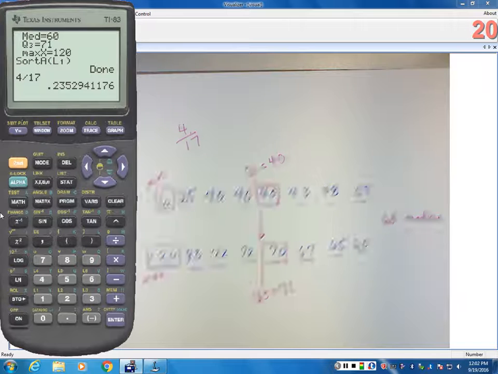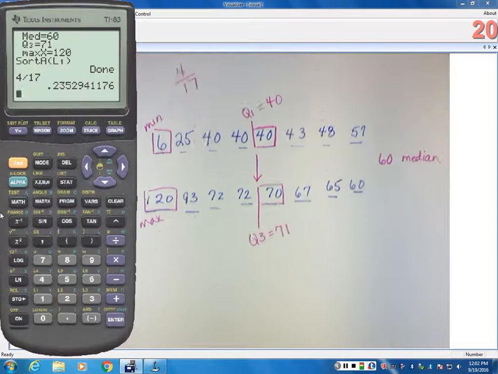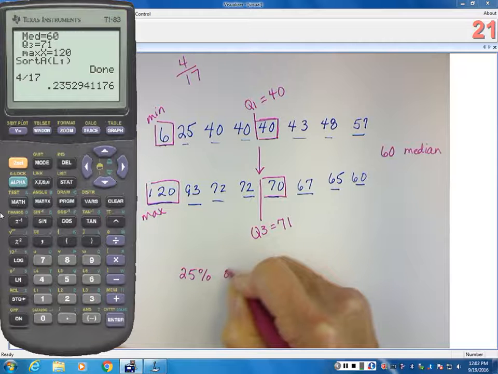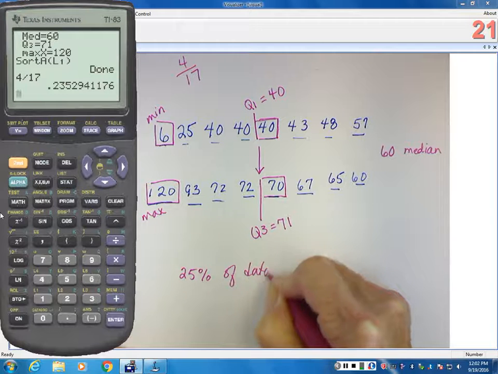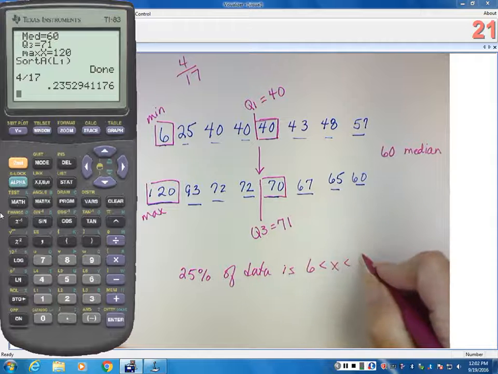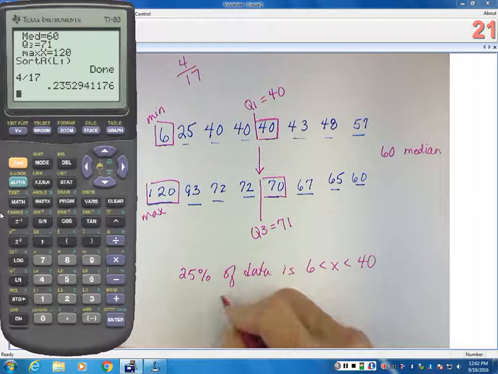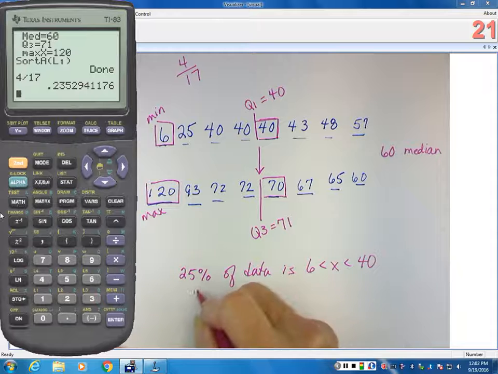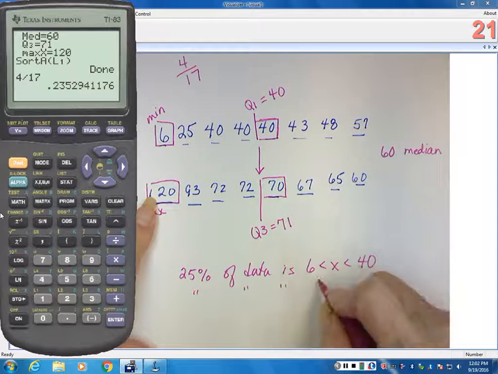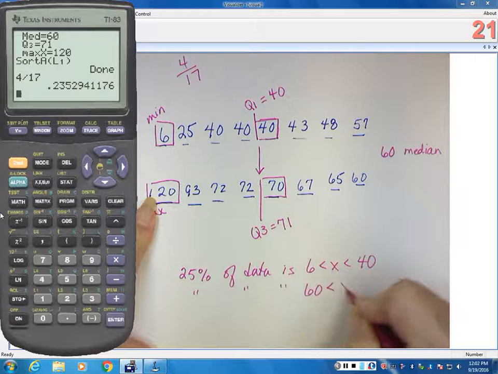So the kind of things that I would get out of this would be 25% of the data is between 6 and 40. And I could also say 25% of the data is between 60 and 120.